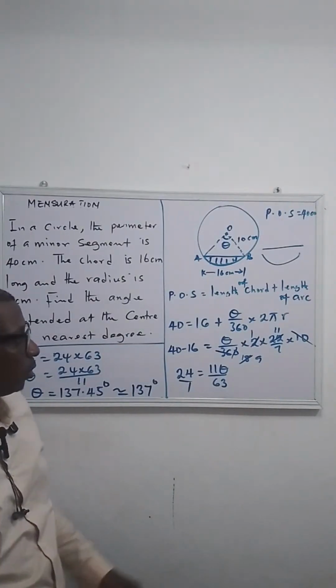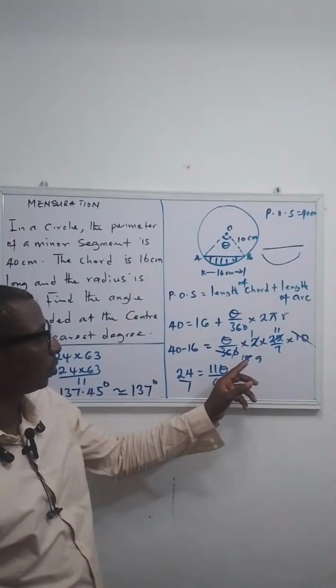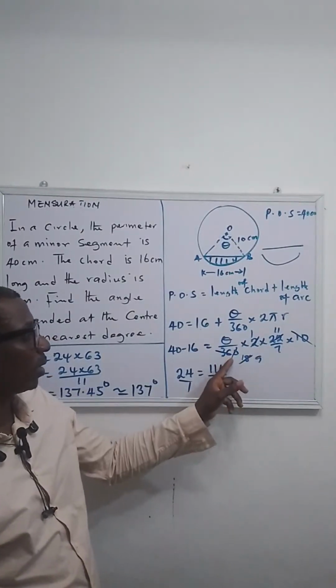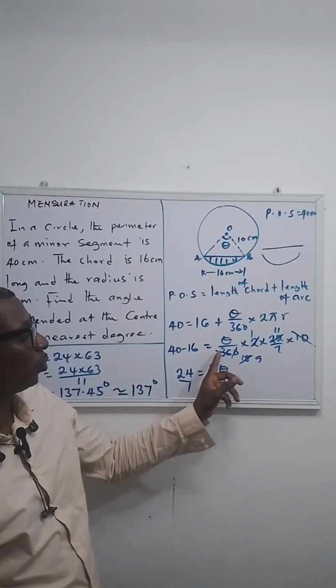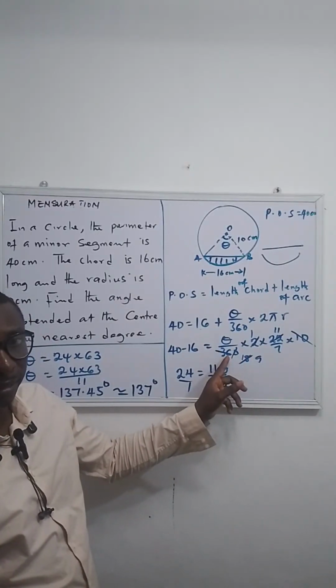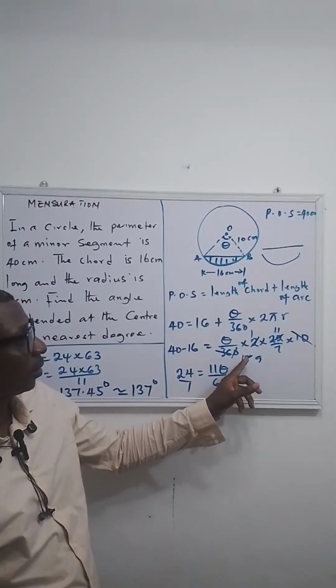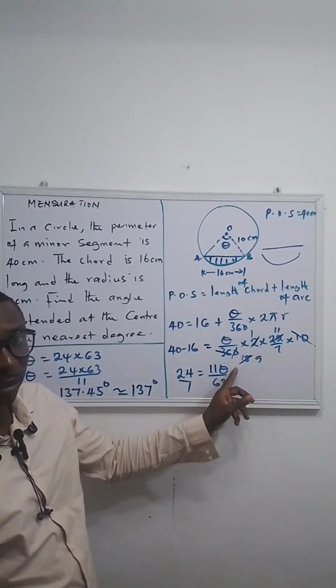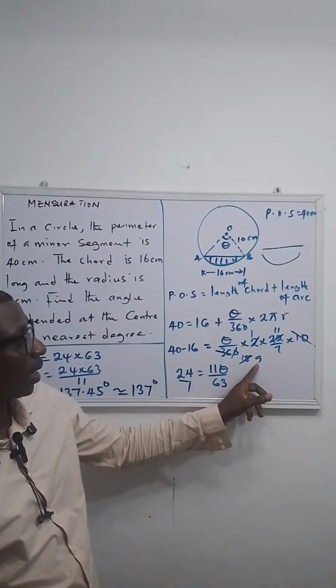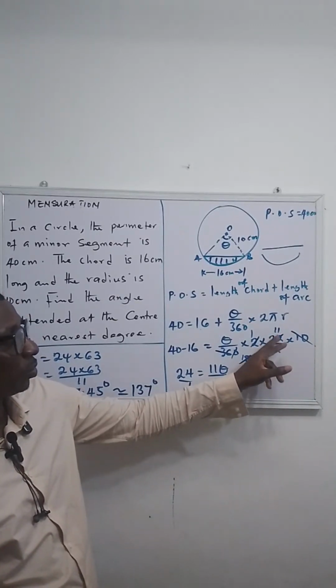Okay, so now what you do is this: we cancel this one here, right? And 2 goes in 36, that is 18. The 2 goes in 2, that's 1. 2 goes in 18, that's 9, and 2 goes in 22, that's 11.